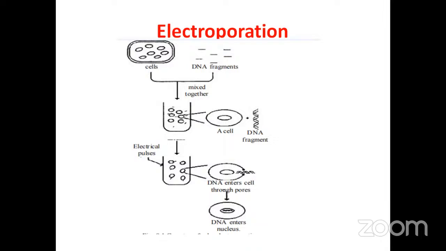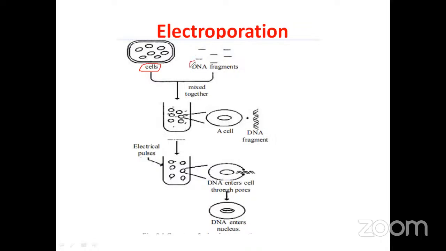Let's discuss the first one, the electroporation method. In the electroporation method, we select the cells into which we want to introduce the desired gene. Let's take the pointer. These are the target cells.